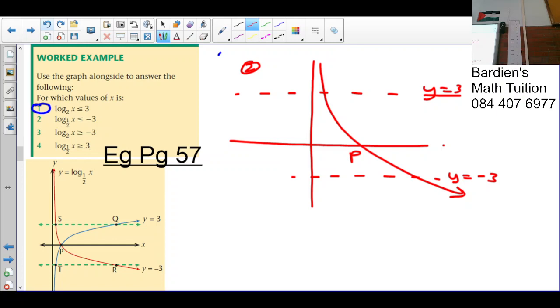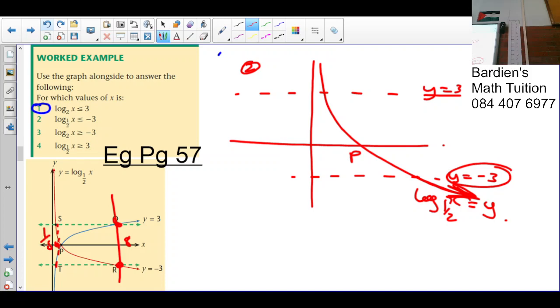This is log x base half. So where's log x base half less than or equal to minus 3? Here's your minus 3. You all agree it's that part of the graph. Now we have worked out this point here already. So this was 8, and this here was? 1 over 8.